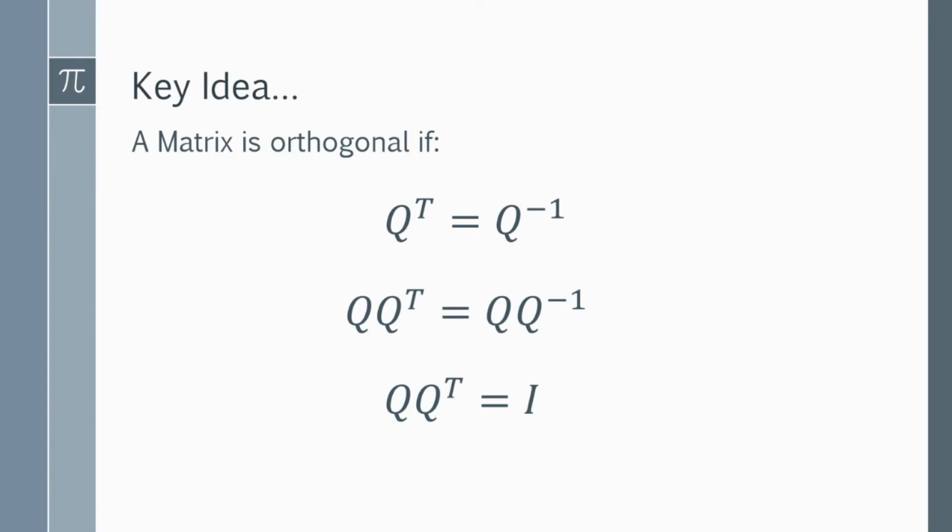So we don't even have to find the inverse. All we have to do is do a simple matrix multiplication between Q and its transpose. Finding transposes is easy, and matrix multiplication isn't terribly difficult. So we have a nice expression that will allow us to prove that the matrix is orthogonal.